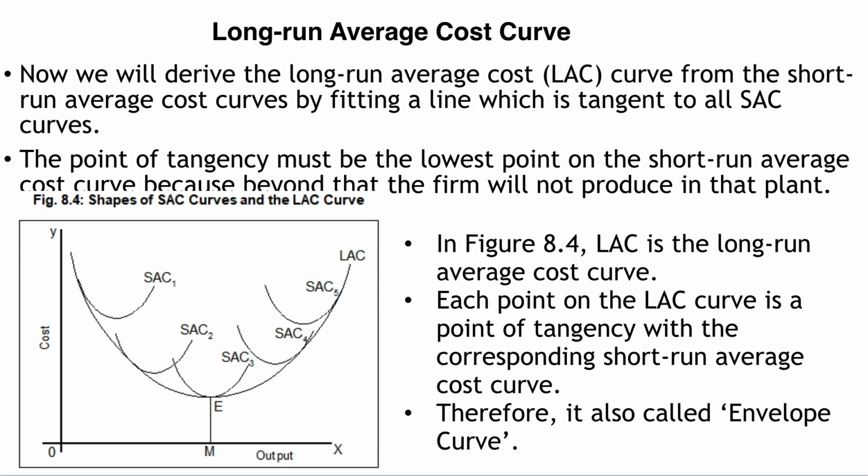This we have shown in figure 8.4. In figure 8.4, LAC is the long run average cost curve. Each point on the LAC curve is a point of tangency with the corresponding short run average cost curve. Therefore, this long run average cost curve is also called envelope curve.